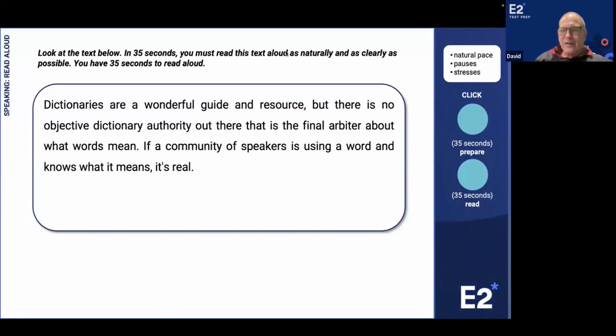First of all, we're going to start with read aloud. So remember, we're just rolling through the tasks. 5 tasks.